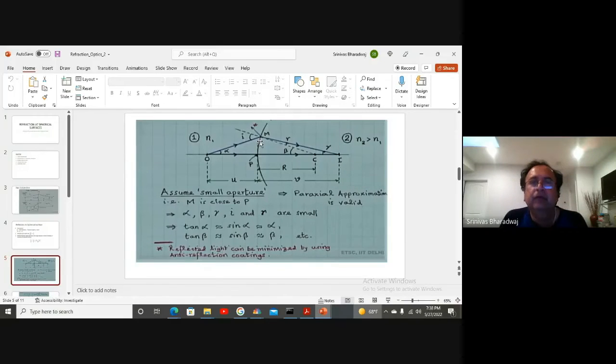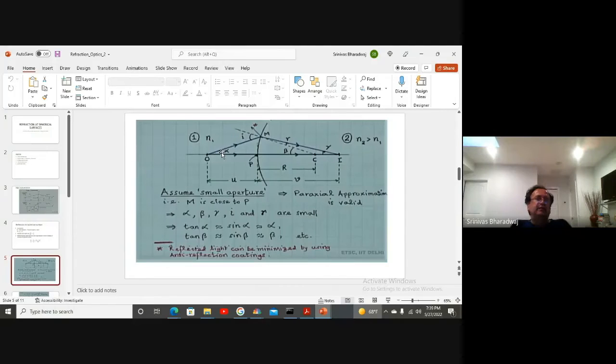Here what they are saying is that alpha, beta, gamma, i, and r are all small angles. Every angle is a small angle, although they make it big. They're actually talking about very small angles. So at small angles, tan theta equals sin theta equals theta.